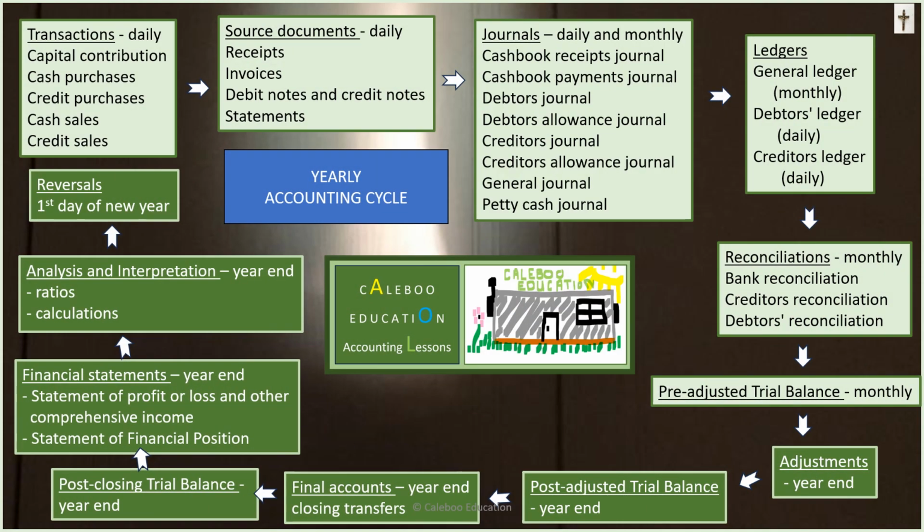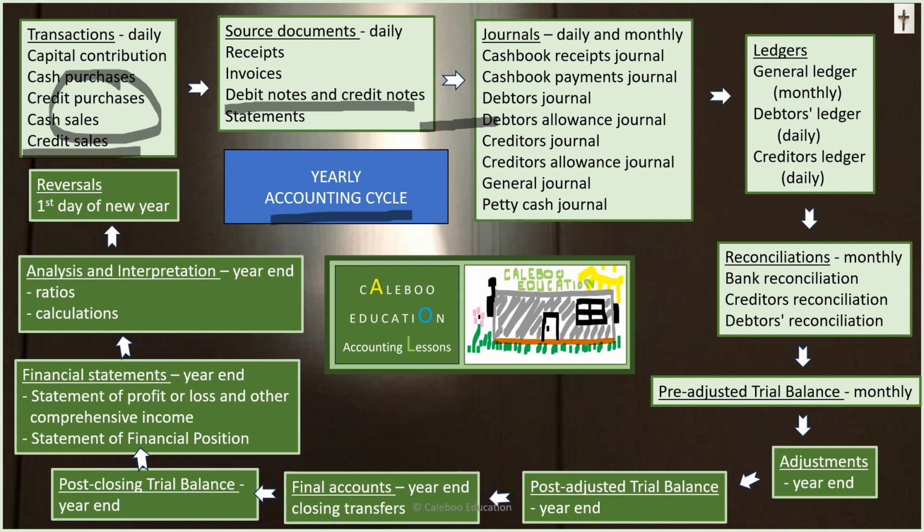As I normally do, let me show you how this lesson fits into the bigger picture. Here we have once again the bookkeeping or accounting cycle. We did look at credit sales and now we're looking at sales returns, and we're going to look at the documents that are used to record these sales returns.